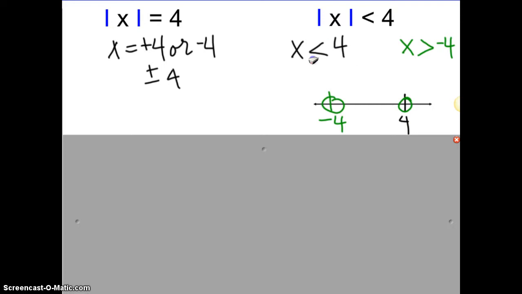No, I do not, because there's not a line underneath there. Now I've got to figure out, is this an and going in, or is it an or going out? I don't know, so I really just have to look. So x is less than 4, which means I start going this way, and x is greater than negative 4. Well, look at it, they meet in the middle.